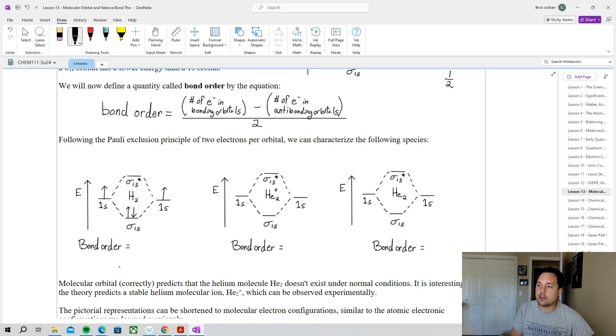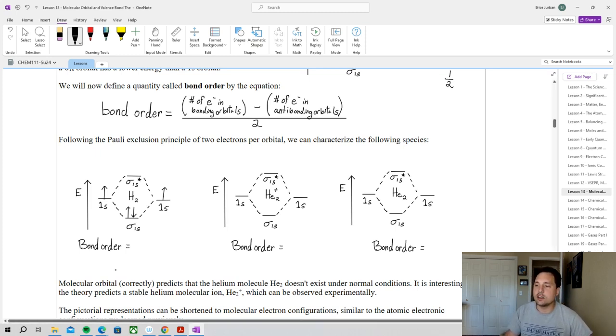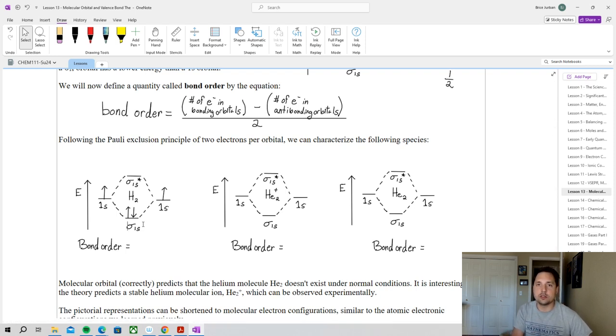And then they also can have up and down spin, and we'll follow those principles that we've laid out for the electronic configurations, in that the lower energy orbitals get filled first, and if there's any degenerate orbitals, meaning orbitals of the same energy, both of those orbitals will get filled before they pair up.